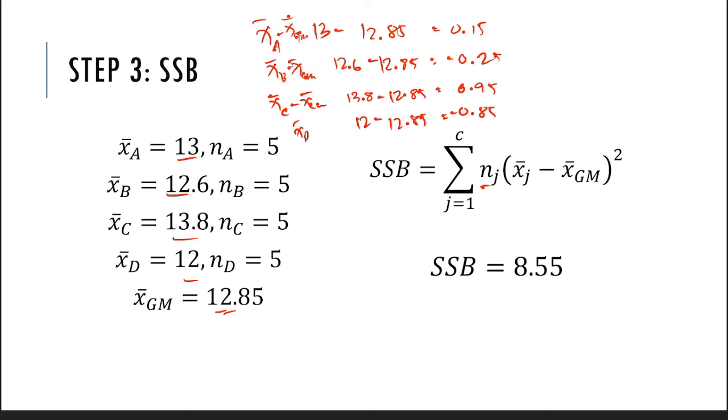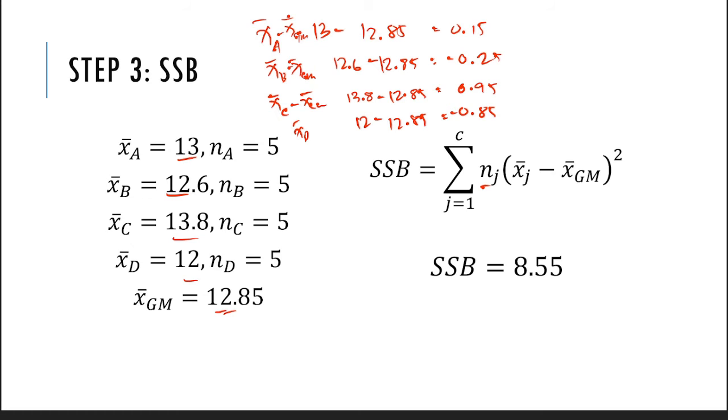You just need to add all of this. So you'll have 0.15, negative 0.25, 0.95, tapos meron tayo negative 0.85.